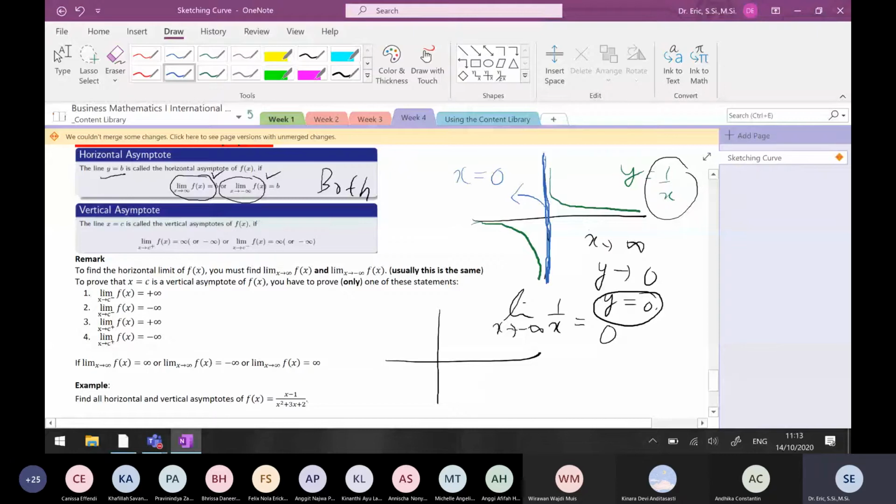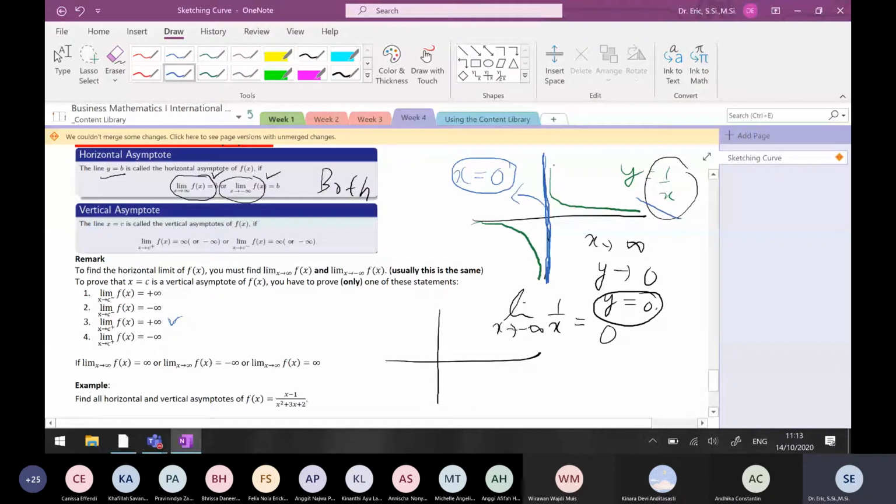When x goes to 0 from the right, it goes to infinity. So you have it like this. When x goes to 0 plus, it goes to plus infinity here. So x equals 0 is called the vertical asymptote of this function.